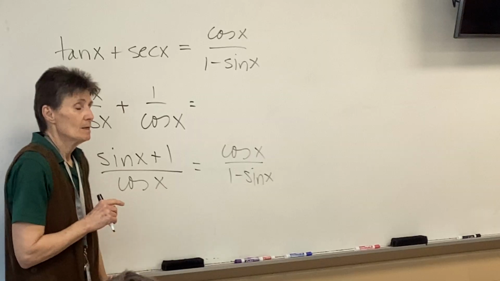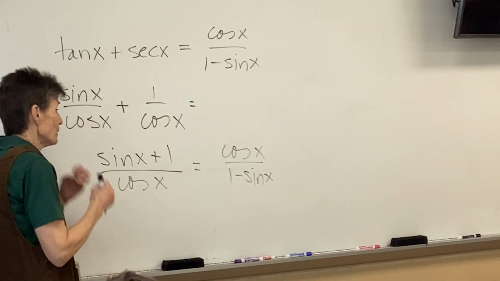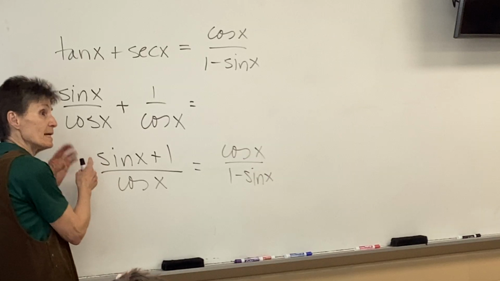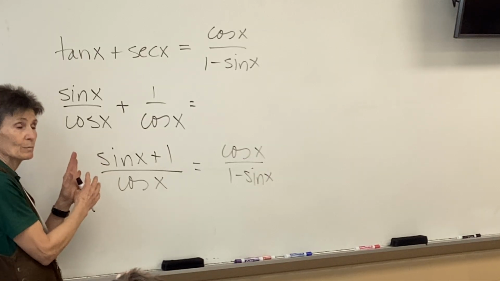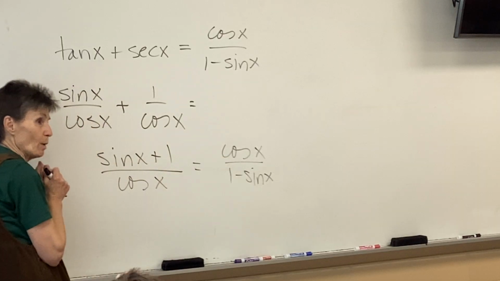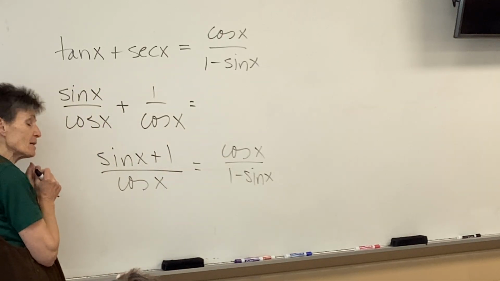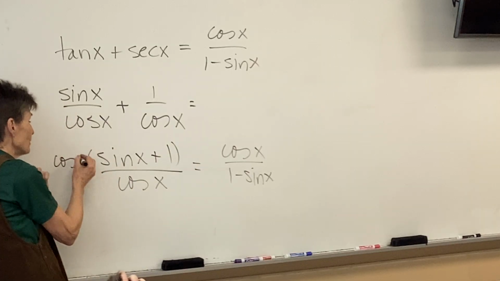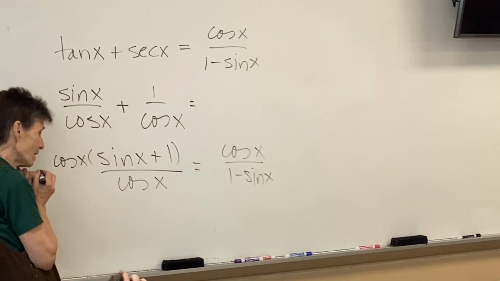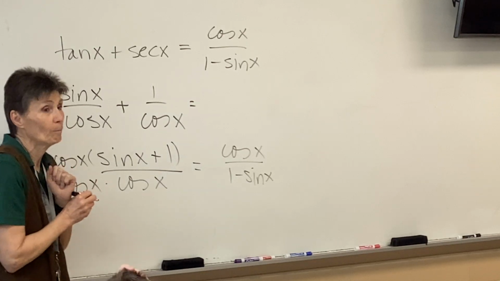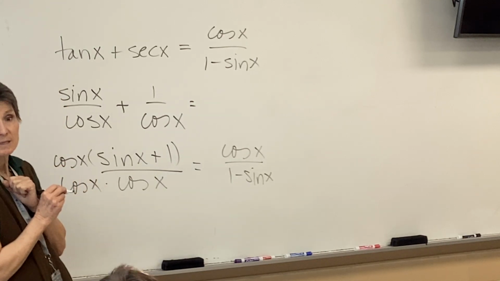What I really wanted to end up with is a cosine in the numerator. So guess what I'm going to do? I'm just going to put a cosine in the numerator. Remember, I can do that as long as I also put 1 in the denominator.